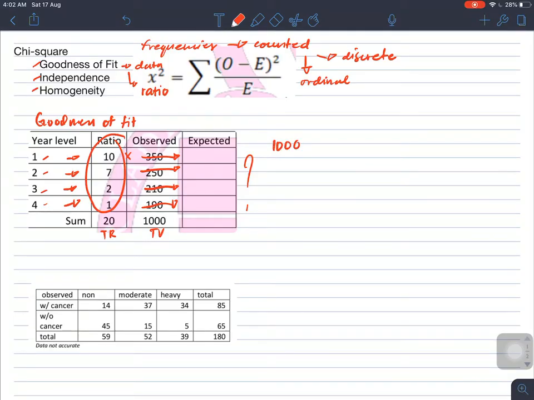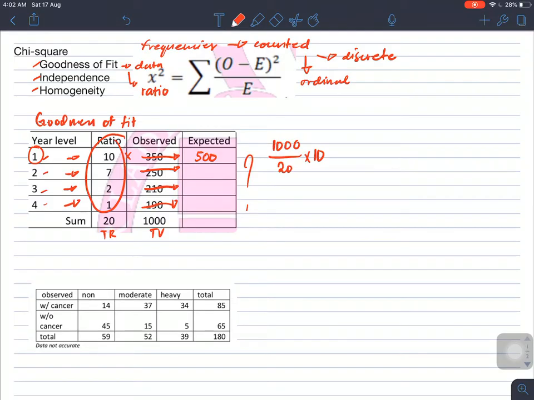We divide it by the total ratio, which is 20. And then for year level 1, we multiply the value with 10, in which case we get an expected value of 500. And then that's it.